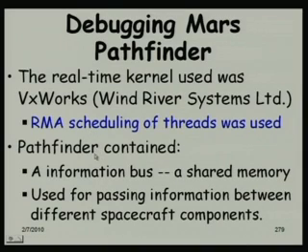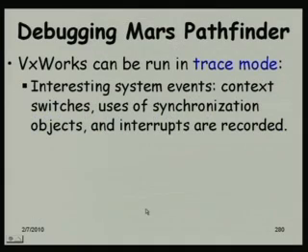The Pathfinder contained an information bus, basically a communication channel, which was a shared memory to communicate among various tasks that execute on the Pathfinder and the rover.